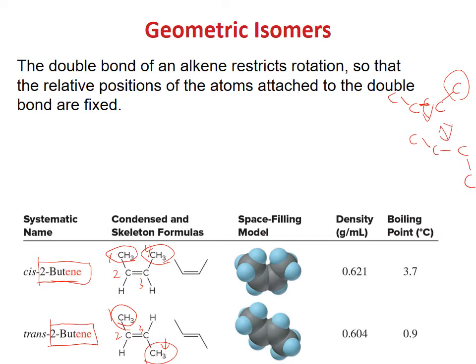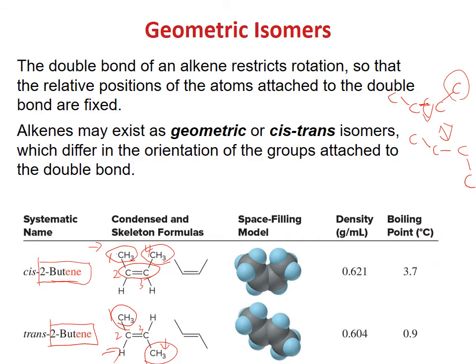But because the double bond cannot rotate, the rotation is restricted, and therefore the relative positions of atoms attached to the double bond are fixed. So this molecule is different from this molecule, and they are called geometric or cis-trans isomers.